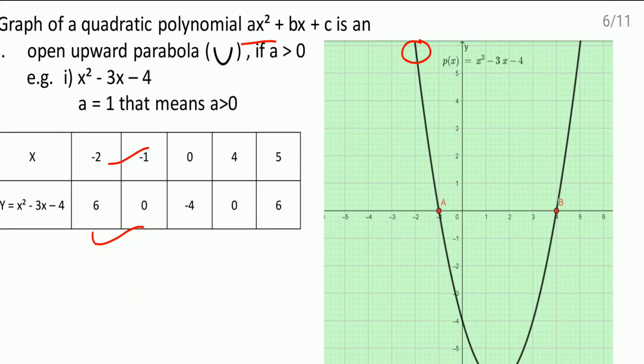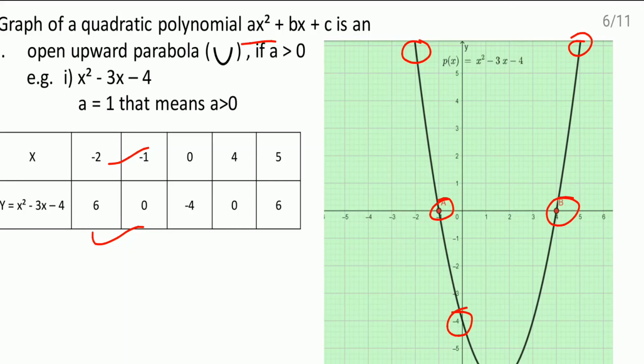Then minus 1 and 0, this point. 0 and minus 4, this point. 4 and 0, this point, and 5 and 6 once again at this place. So as we plot these points, with a free hand we just have to draw the curve. In this way, we are getting the graph of the quadratic polynomial.